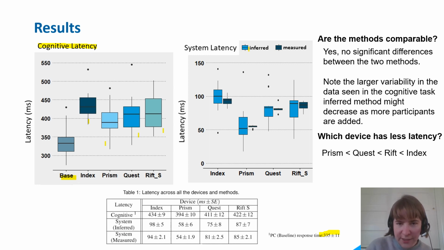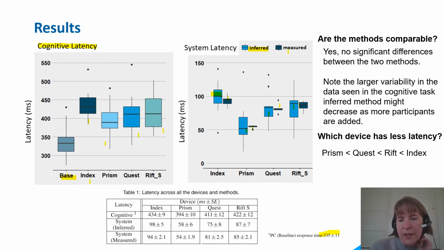Here we can see this inferred latency is basically each of the devices minus the baseline. So here we can see the inferred latency using the cognitive latency, and we also have the measured latency that we measured with our clock and the observer approach. So, here we see all the latencies across the different devices and methods.